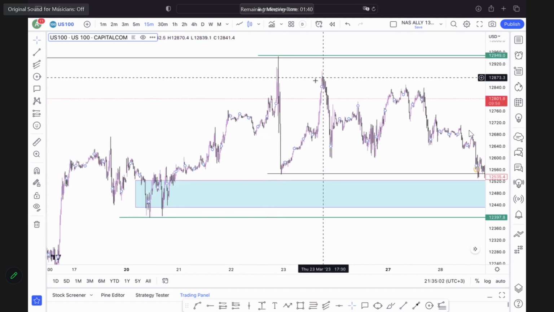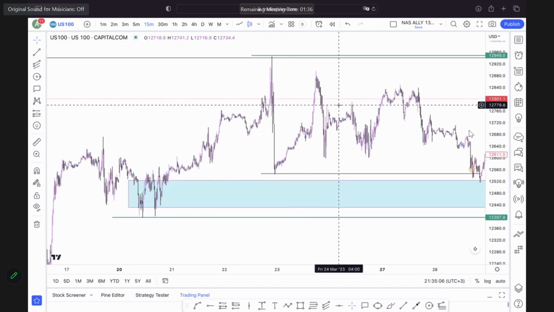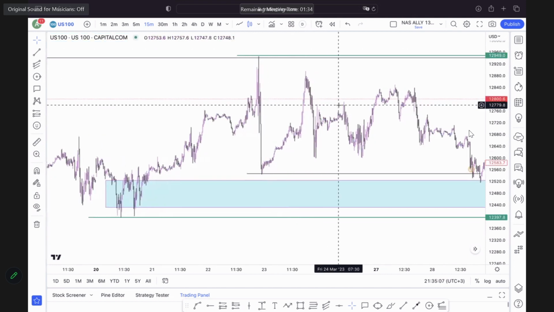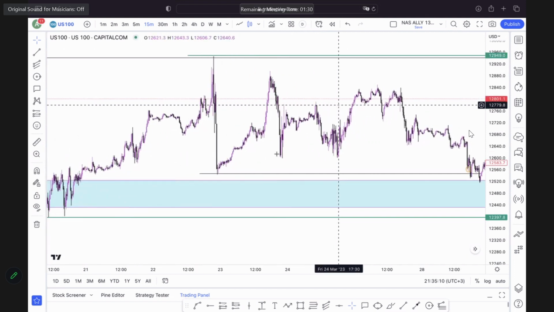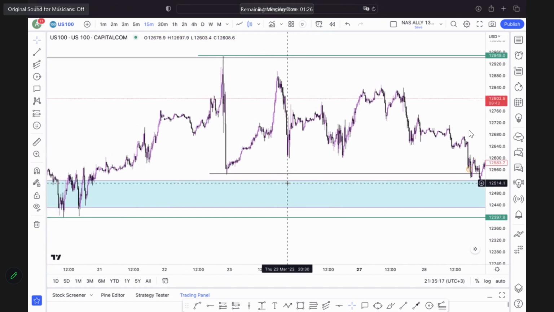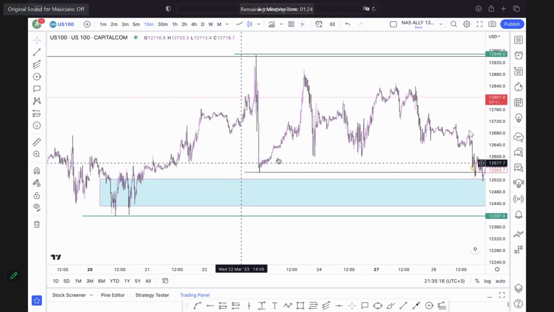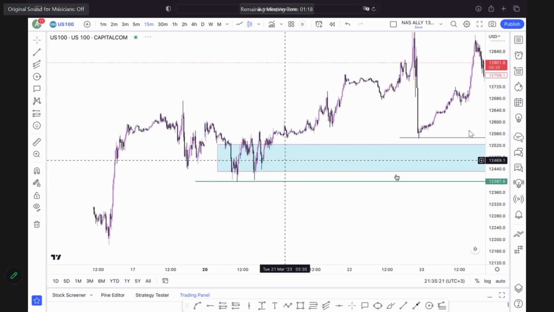So obviously, if the market doesn't have enough strength to break this high, it tried to, but it didn't have enough strength, what does it need in order to break the high? Liquidity. So now we're thinking about it logically. The market comes, grabs liquidity below the low, and taps into, let's see, what does it tap into here on a smaller time frame?